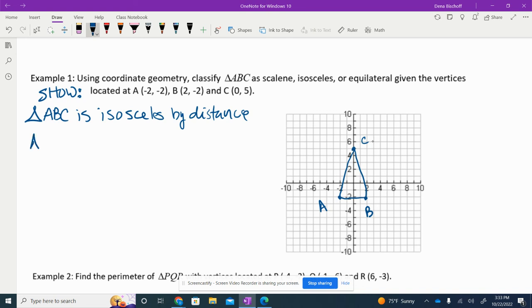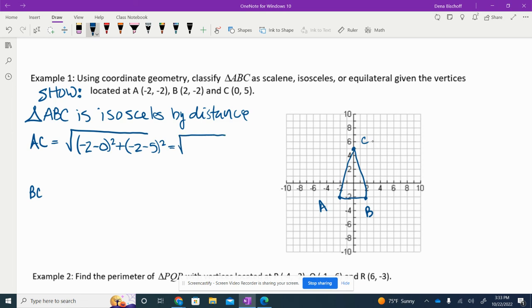So I have to show that AC is equal to BC. We're going to use the distance formula. So A, negative 2 minus 0, the quantity squared, plus negative 2 minus 5, the quantity squared.